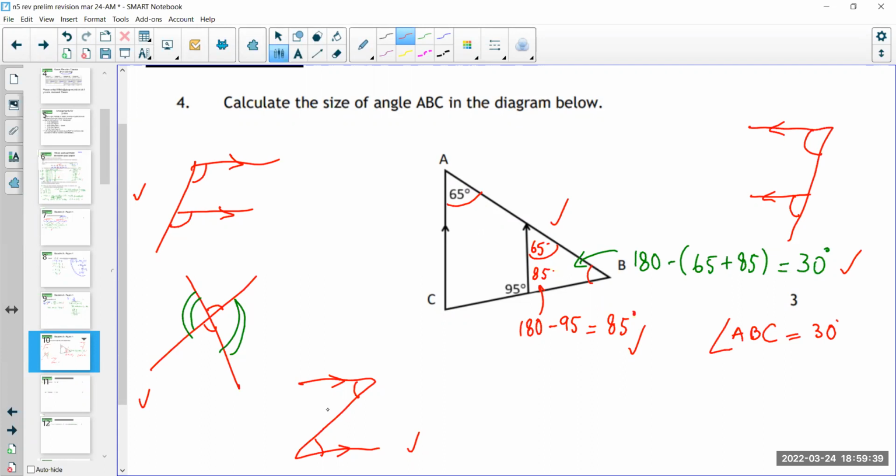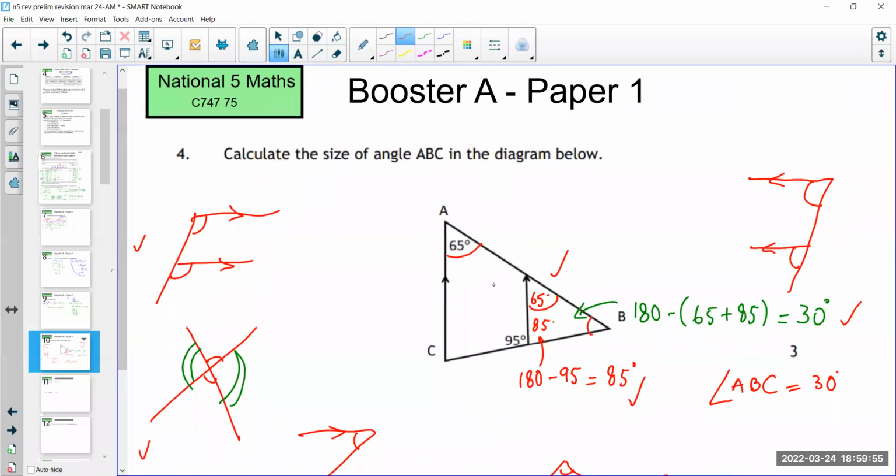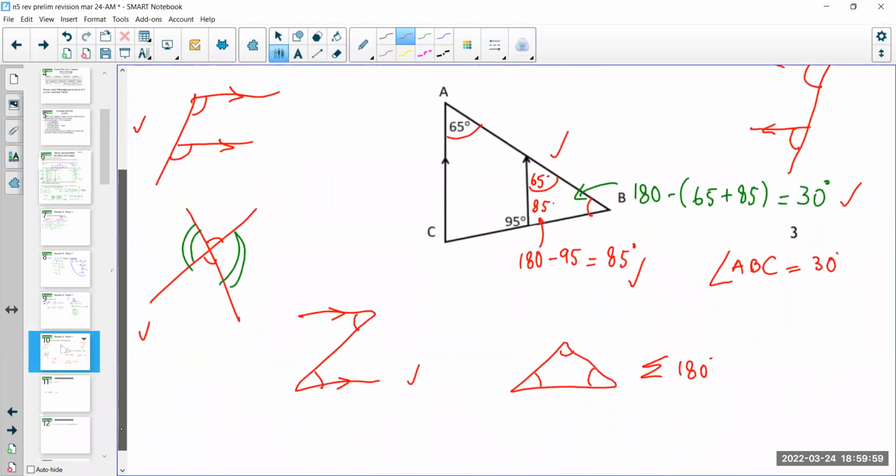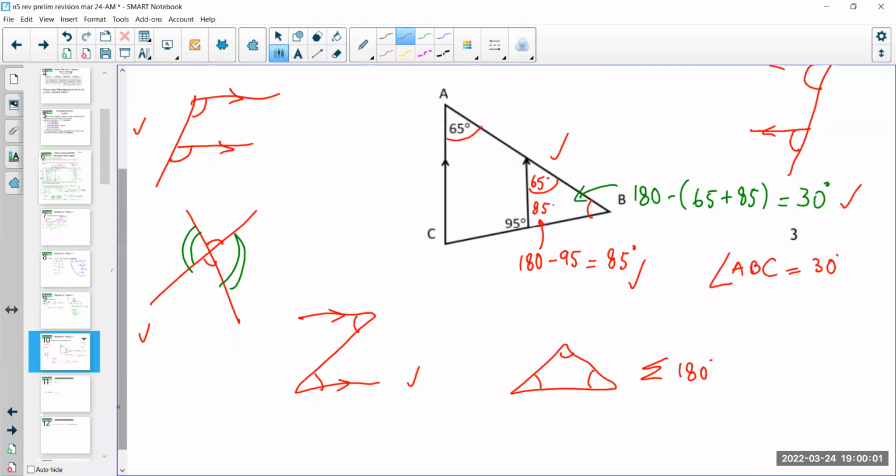Okay, so if you've got them in your head, and knowing that all angles on a triangle add up to, so sum of all angles is 180, then that's a good start. You will get these triangle questions, okay? Any questions?